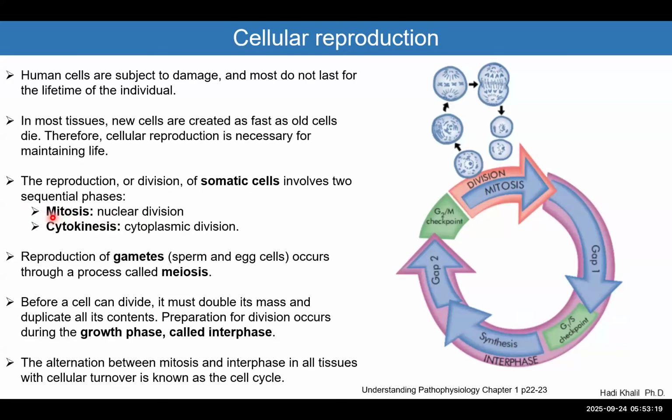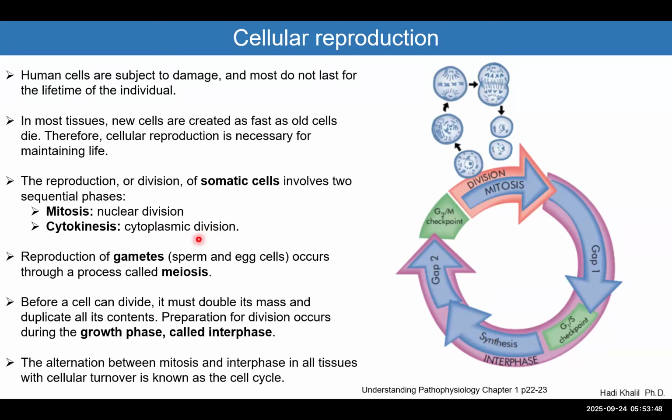And when we speak about mitotic division or mitosis, this means the cell has to create two copies of the DNA that are exactly the same, and they are exactly correct, and there will be no mutations or mismatches. And at the end of this process, the cytoplasm divides, which is the cytokinesis.